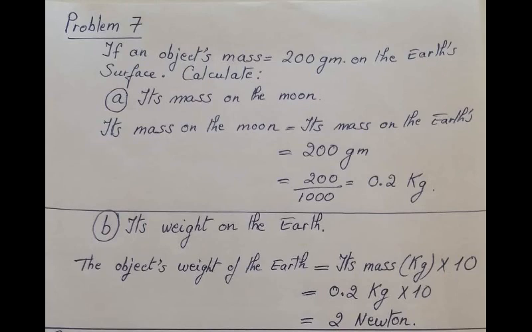I want to convert it to kilogram: 200 divided by 1000 equals 0.2 kilogram. Remember, from small unit to big unit I divide by 1000. The second requirement, B: its weight on the earth. The object's weight on the earth equals its mass by kilogram times 10, equals 0.2 kilogram times 10, equals 2 Newton.